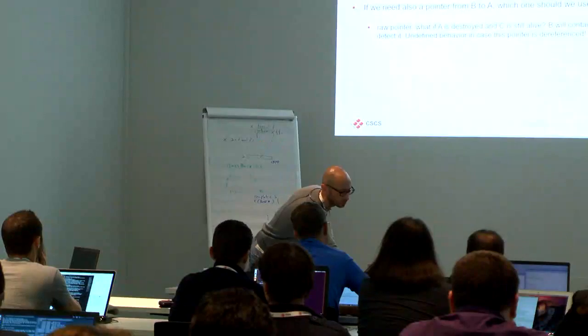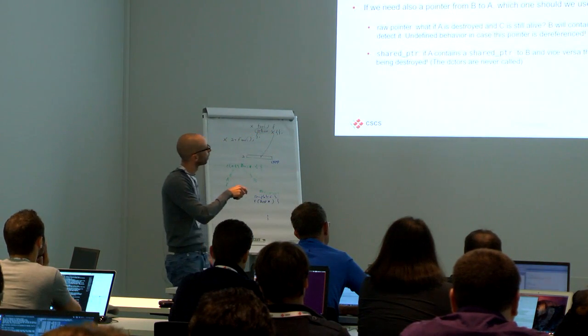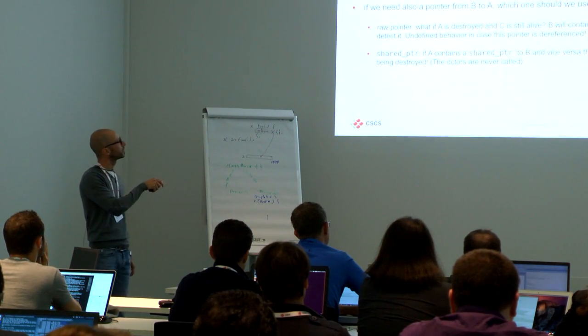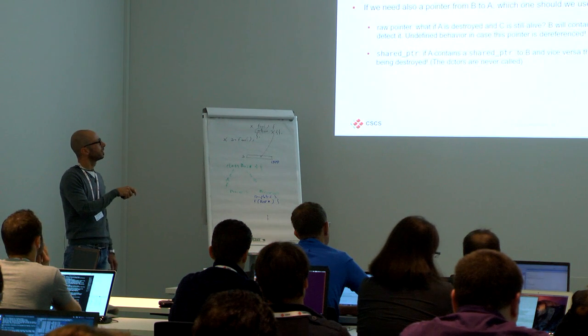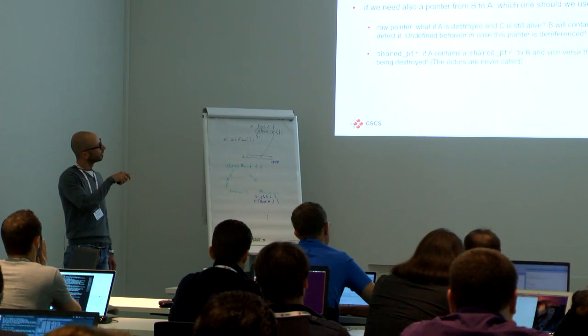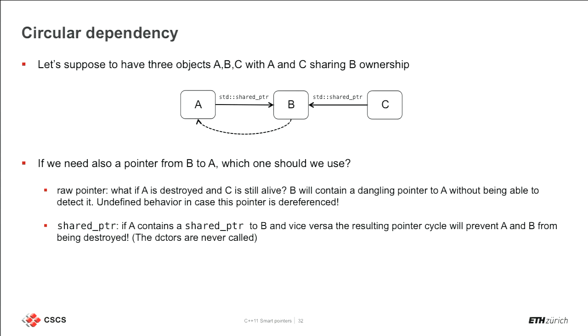The other possibility is to use a shared pointer for this pointer from B to A, but here we have a very interesting case. Let's suppose that the C object is not important here.